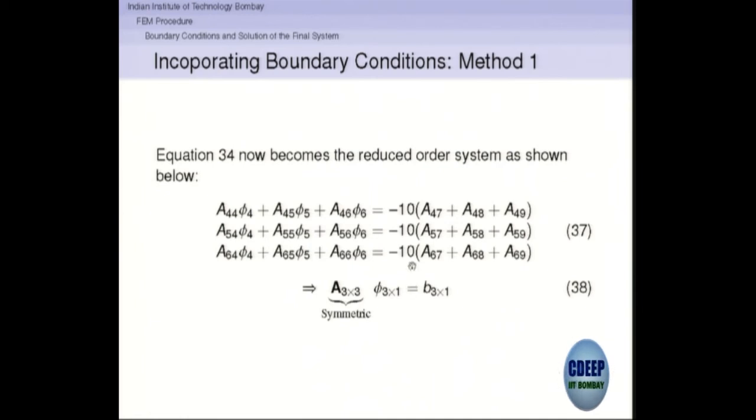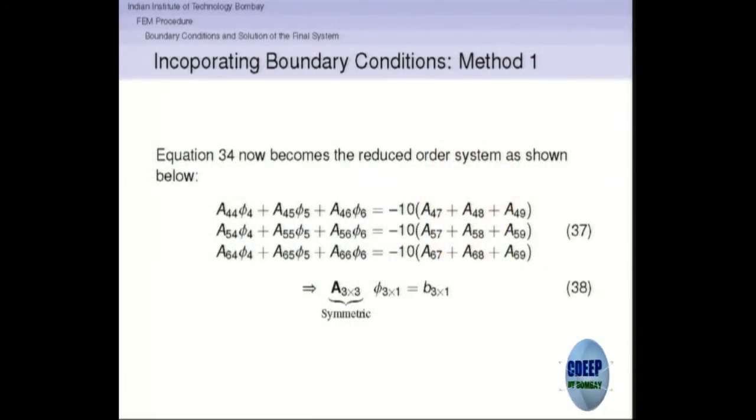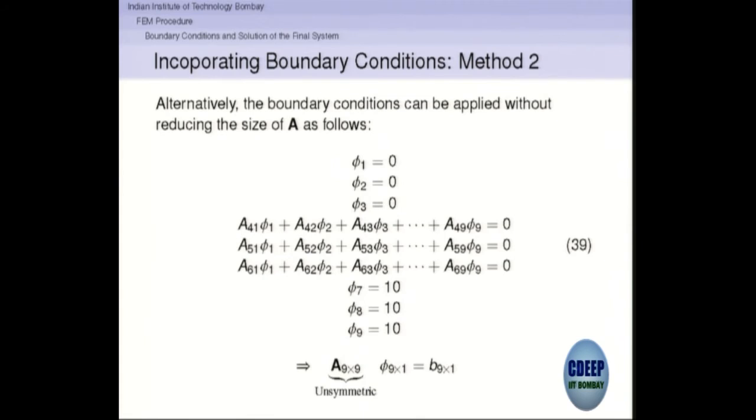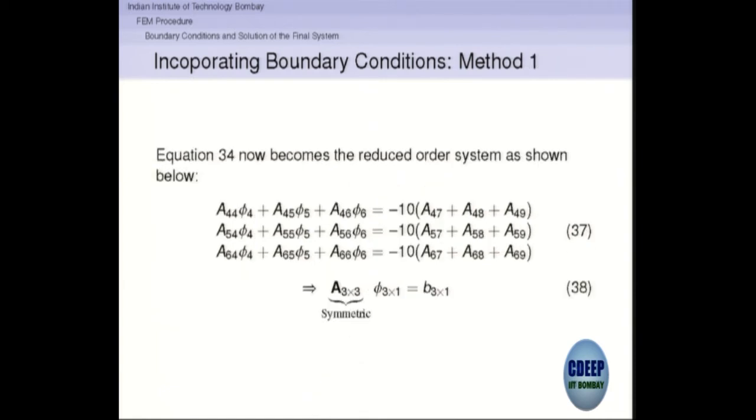So when you impose the boundary condition and reduce the 9 by 9 system to a 3 by 3, you will get this, and now everything is known because all these capital A 4, 7, 4, 8 and all that is known. So you can easily calculate 5, 3, 1, that are the unknown potentials. Alternatively, you can of course still retain 9 by 9 and do that, but that is not required. So this is what the finite element method is, right?